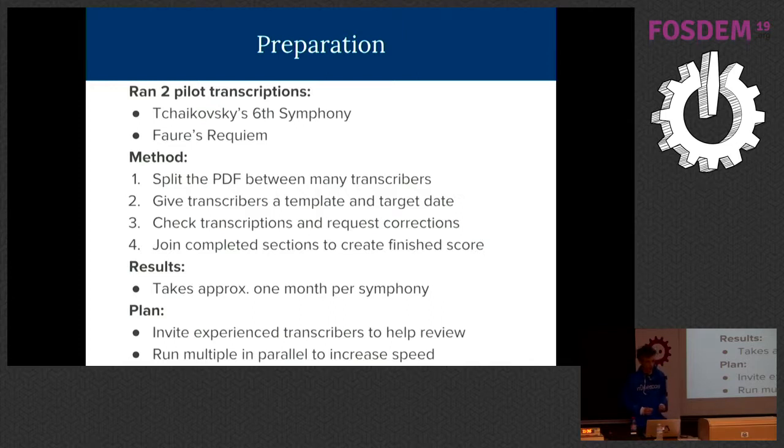The method was that we would take an IMSLP PDF and break it up into chunks of a few pages, send them out to MuseScore users who would transcribe these pages, and then we would check whether they were accurate to the original, and if not, we'd request improvements and send them back. Once they were all finished, we'd join them together to create a finished score.